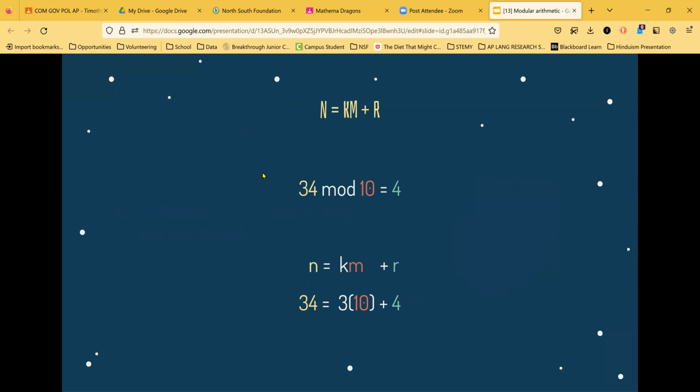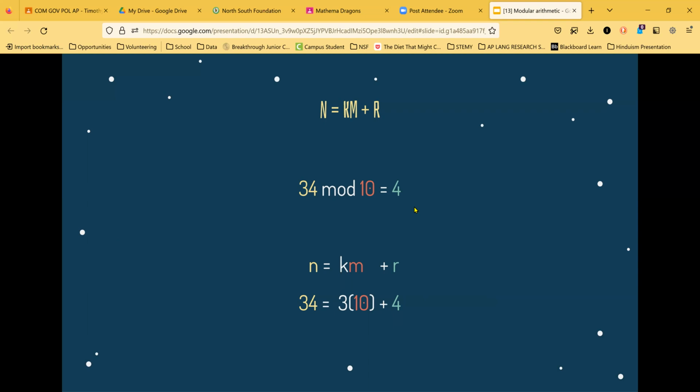So if we know a mod b is equal to c, then we know that there is a number for which if we multiply the modulus and add it to whatever the remainder is, we will get that original number. So think about a division equation, right?